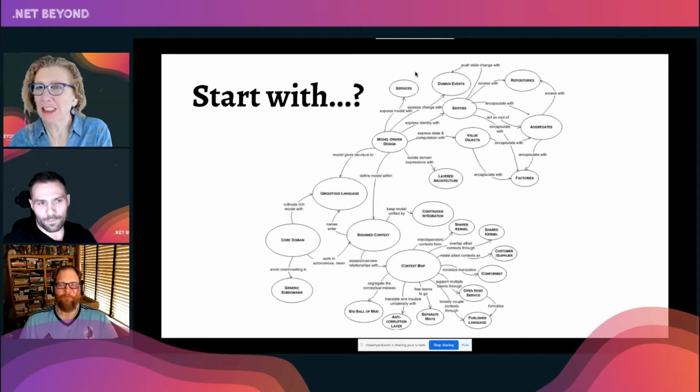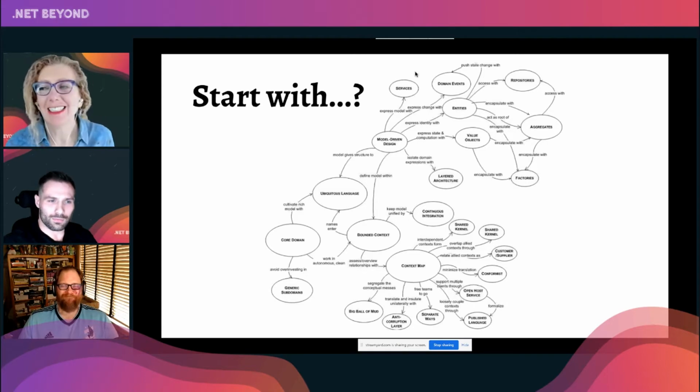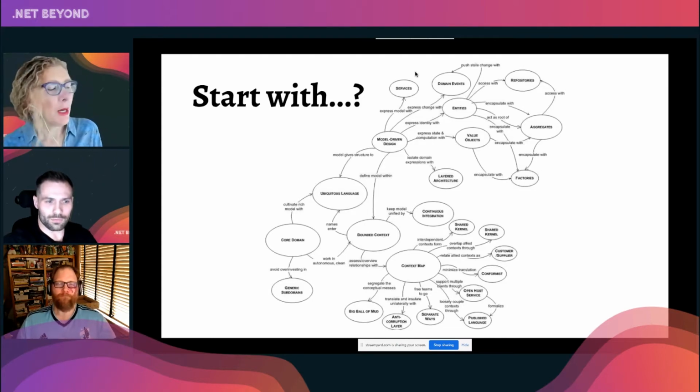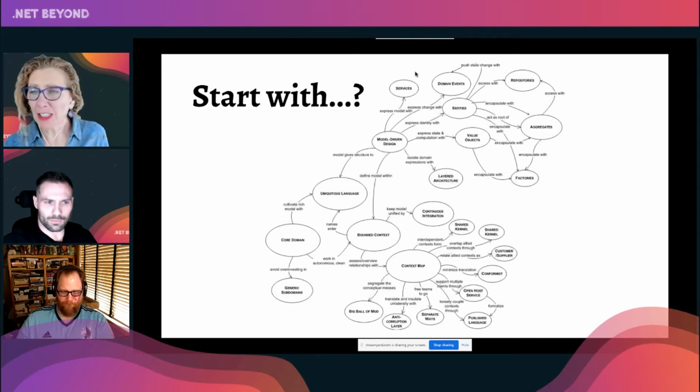But then pulling back. One of the most important pieces of domain-driven design, and even Eric Evans, who wrote the book, literally said if he was writing the book again, he would start with bounded context instead of later on in the book. So this bounded context, there it is.